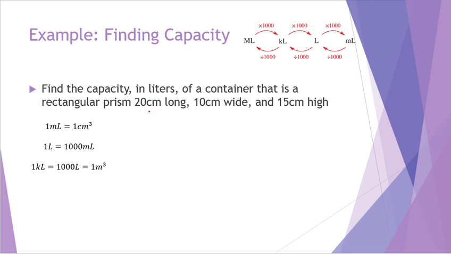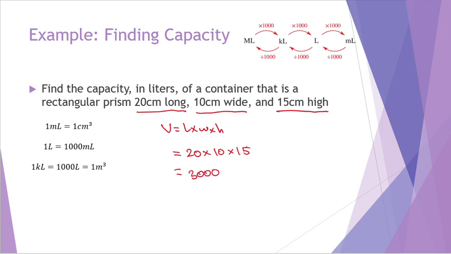We know length is 20 centimeters, width is 10, and height is 15. If we plug it into our formula, this will give me 20 times 10 times 15. I believe this ends up being 3,000 centimeters cubed.